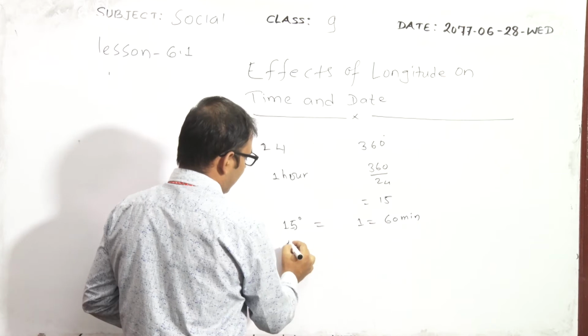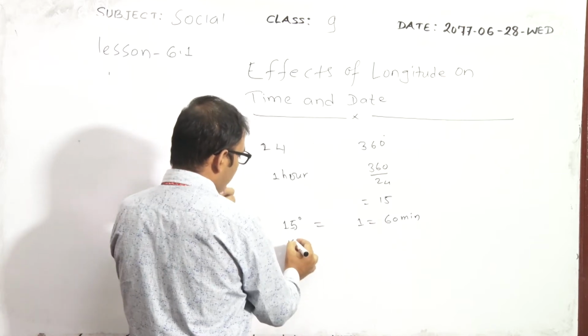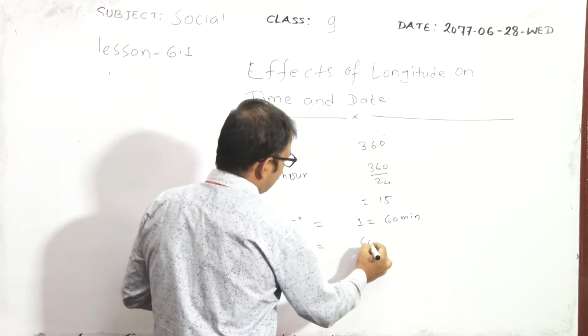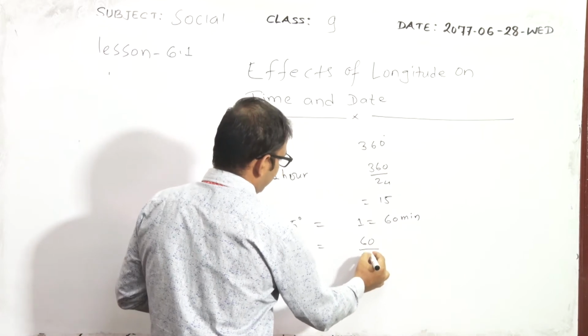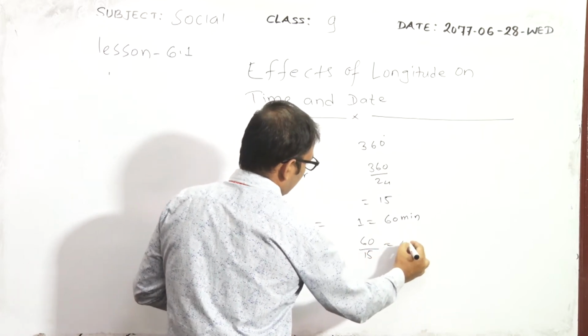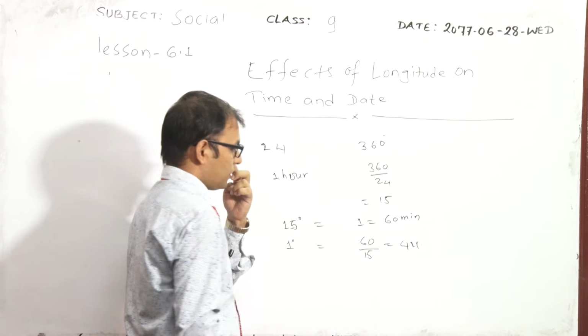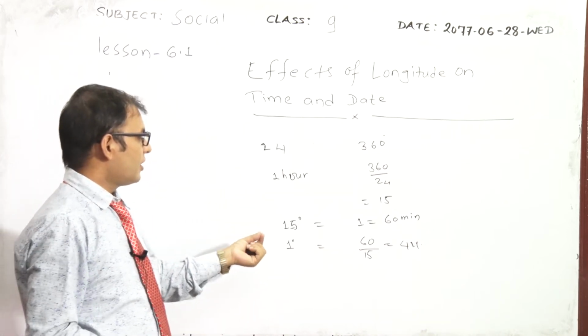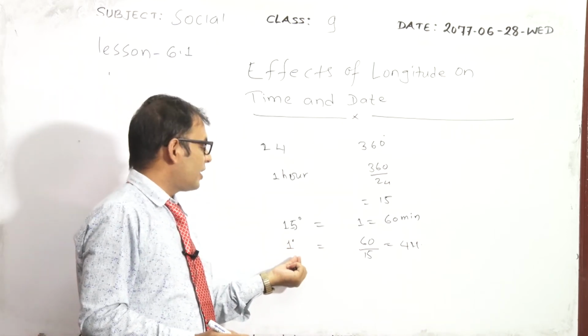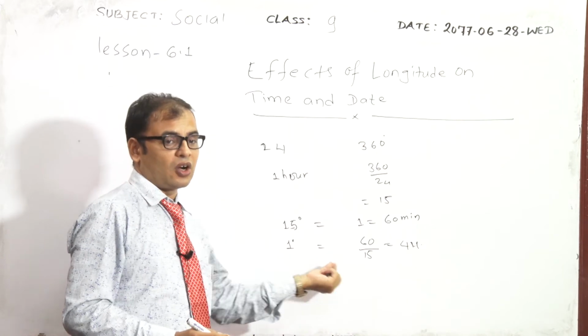Then you can calculate here, to complete 1 degree, that means 60 upon 15 is equal to 4 minutes. So, there will be a difference of 4 minutes in every 1 degree of longitude.